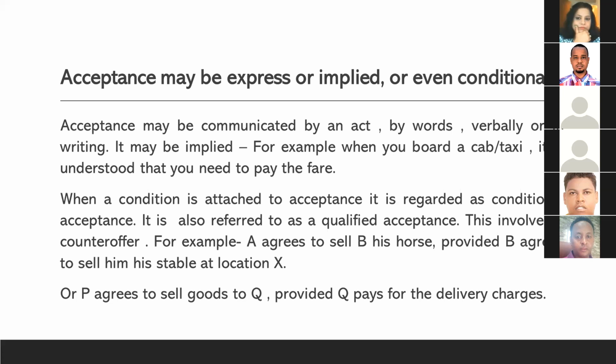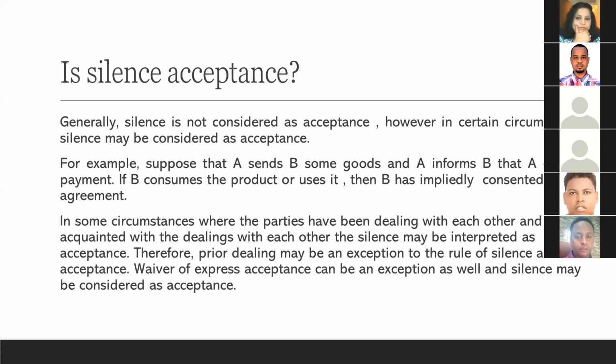P agrees to sell goods to Q provided Q pays for the delivery charges. Ali Muhammad agrees to sell the car to Kader Siad, provided Ali delivers the car at a particular location that Kader is asking.